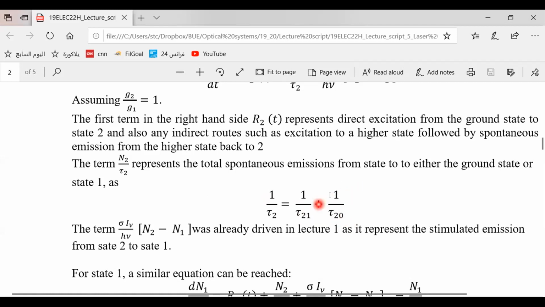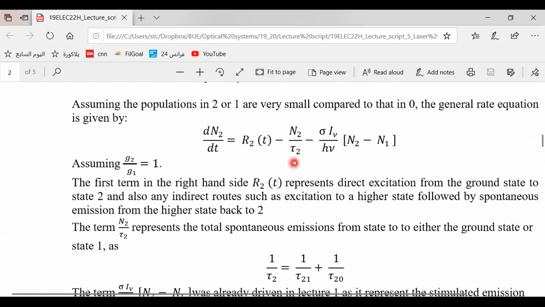So the summation of these two terms is included in 1 over tau 2. So N2 over tau 2 is simply the overall spontaneous emission, either from 2 to 1 or from 2 to 0, as you can see here.